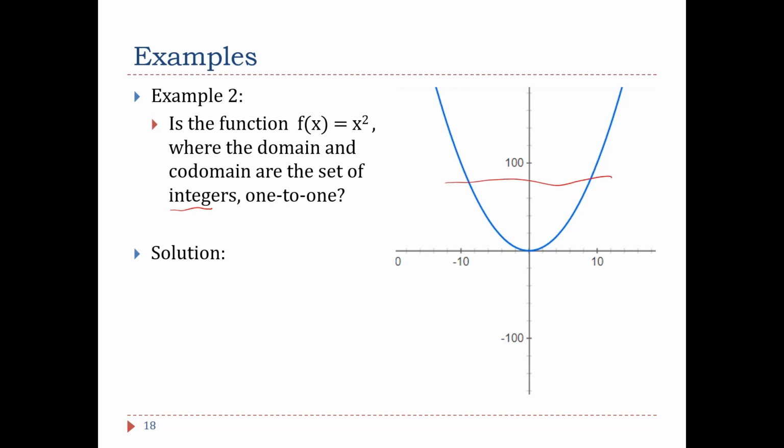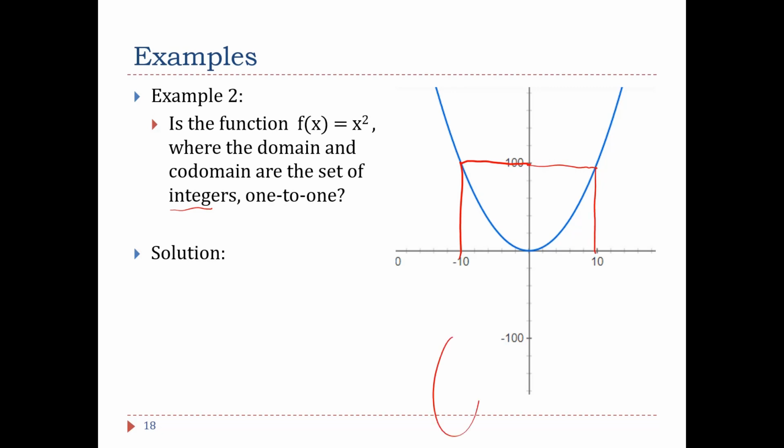For every value that is greater than or equal to 0, you have two different pre-images. For example, for 100, both minus 10 and 10 are pre-images of 100.